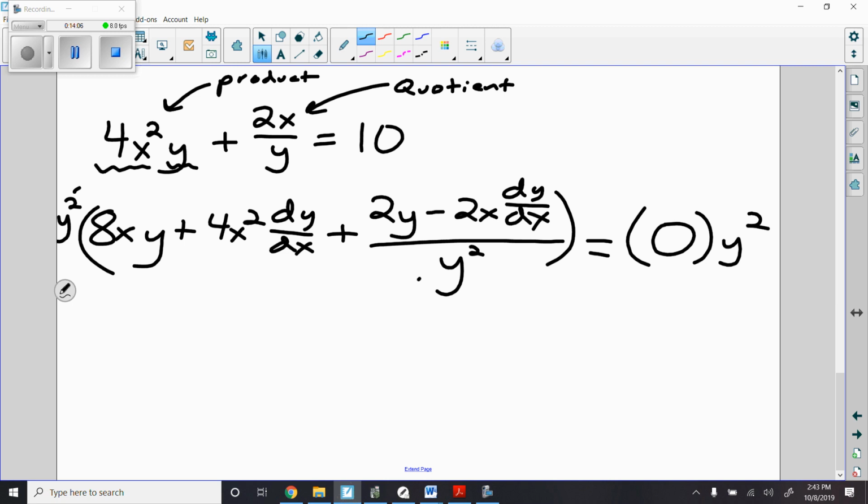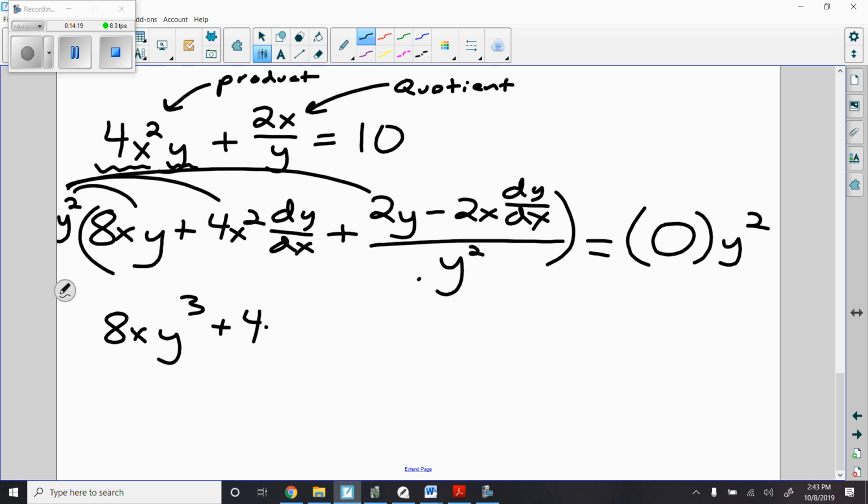I have to now distribute this to all 3 terms. So I'm going to get 8xy times y squared will be 8xy cubed plus 4x squared y squared dy/dx.